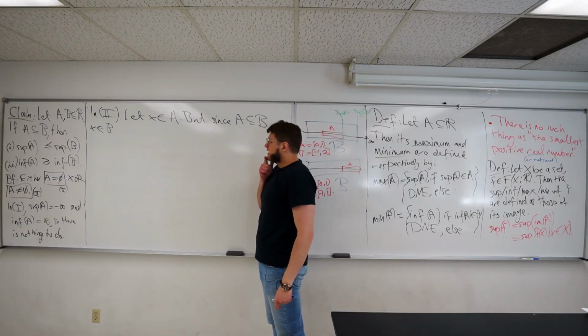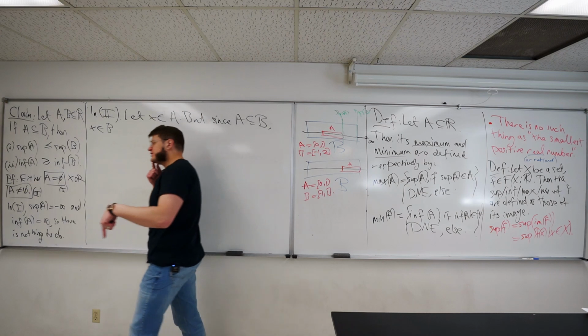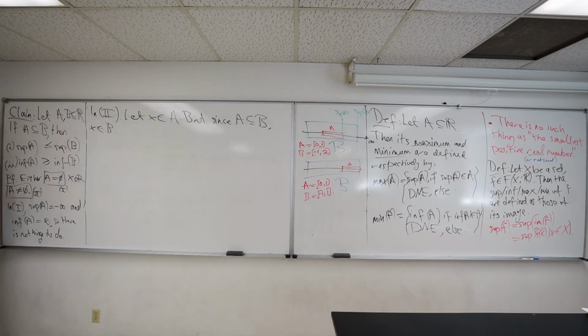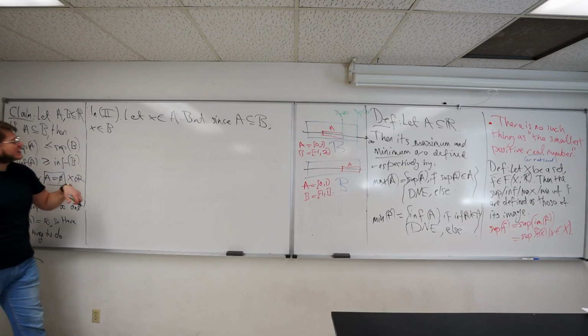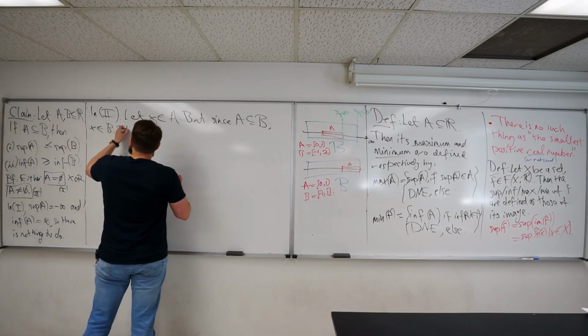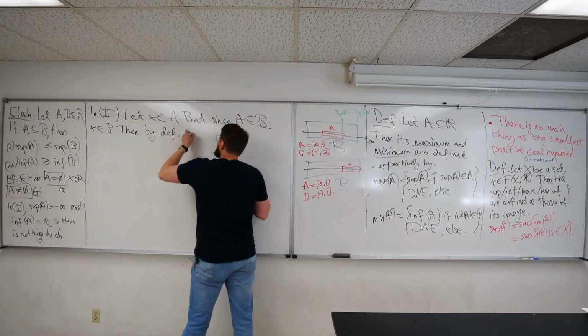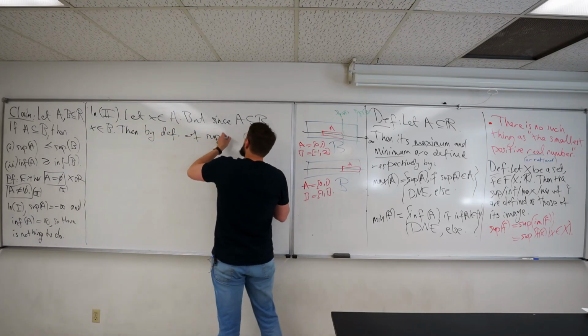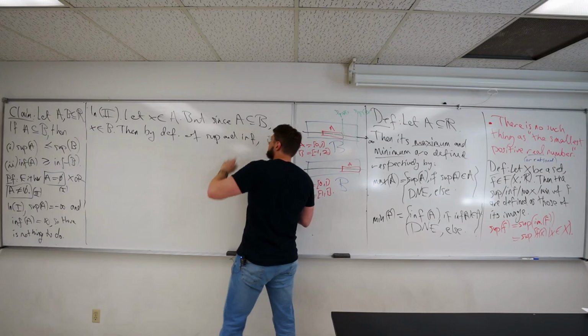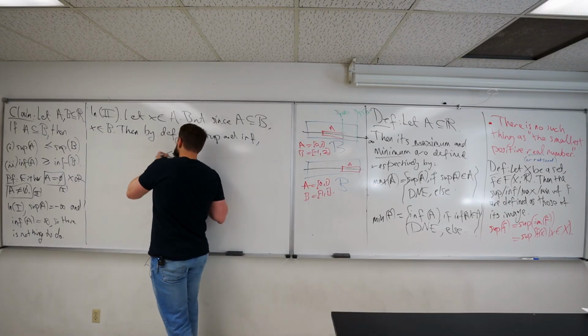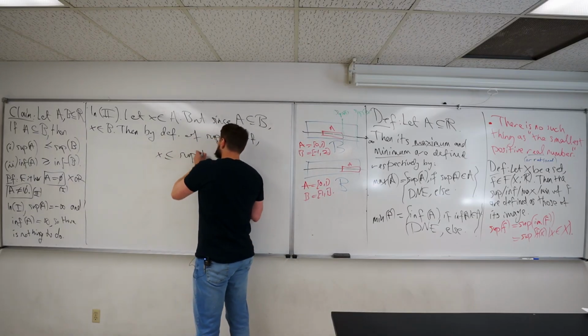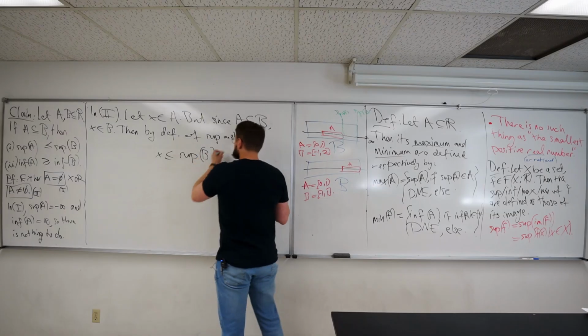I have 2 cases again. This time, depending on whether or not B is bounded or not, I can sort of go ahead and do this case analysis, but I might as well do something like this. Then by definition of sup and inf, I have this.